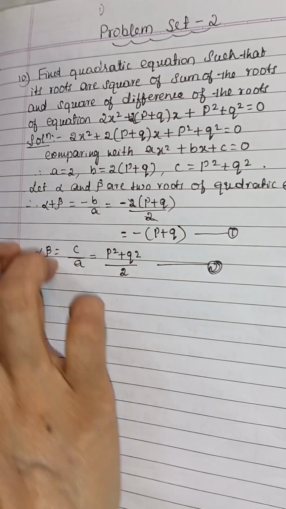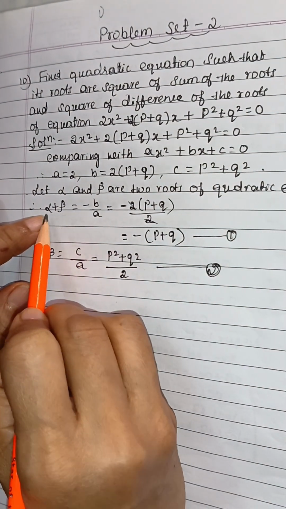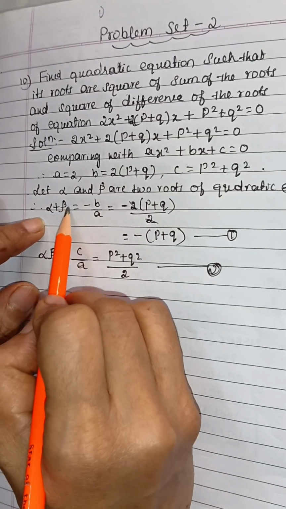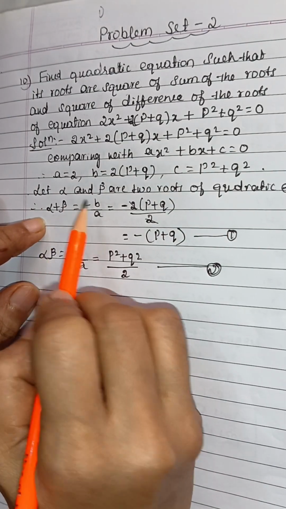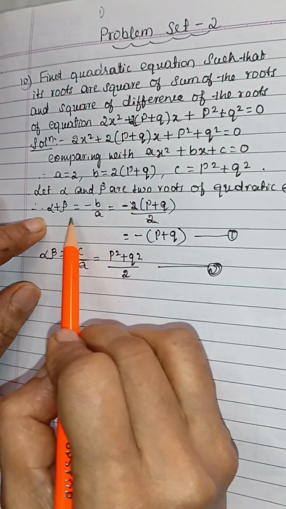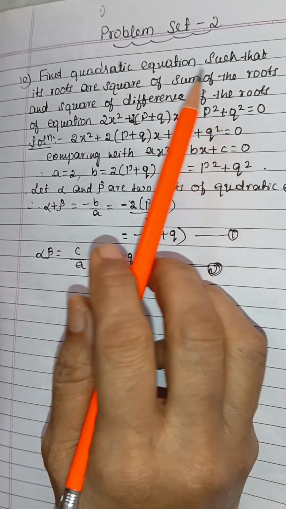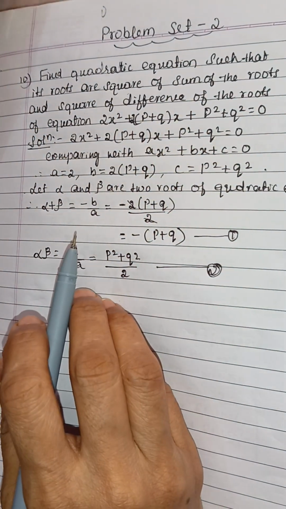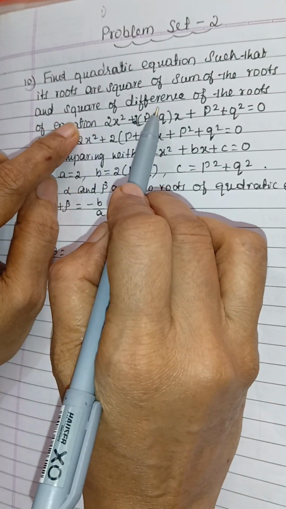See here, this is the sum of the roots, and this is the square of the sum of the roots. One is alpha plus beta whole square, and another one is the square of the difference of the roots, that is alpha minus beta square. That you have to find out first.